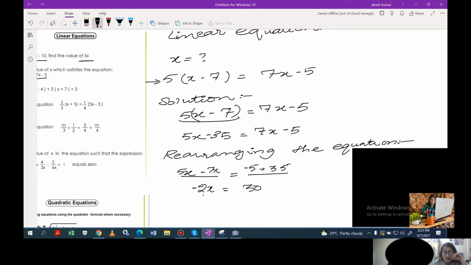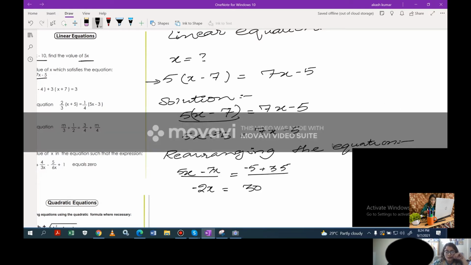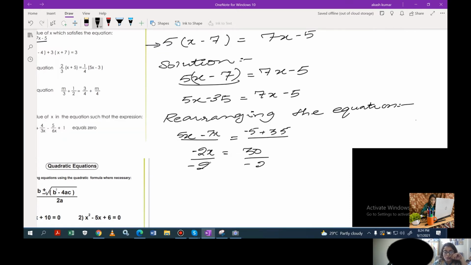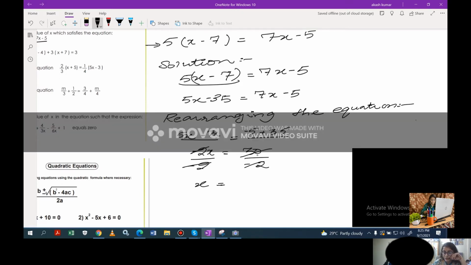To get the value of x, we need to divide both sides of the equation by negative 2, because we have to cancel out negative 2 on this side. So negative 2 cancels out with negative 2. What is left is x equals 30 divided by negative 2. How many times does 2 go into 30? 15.